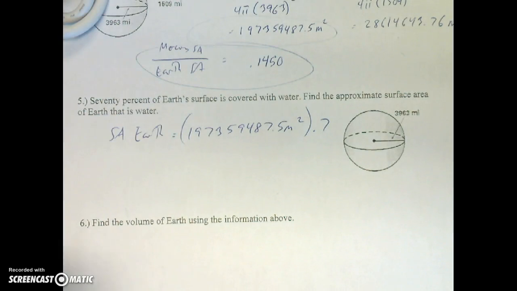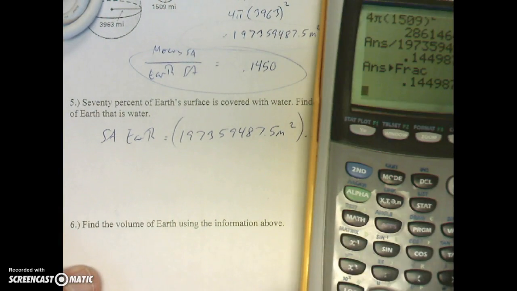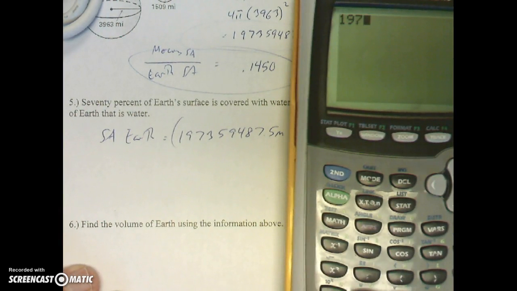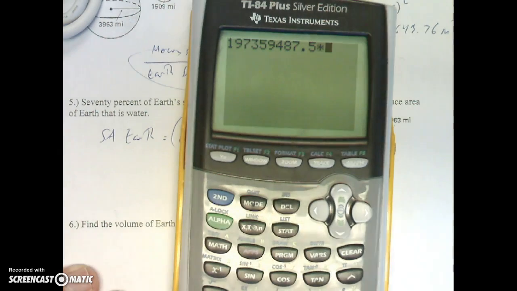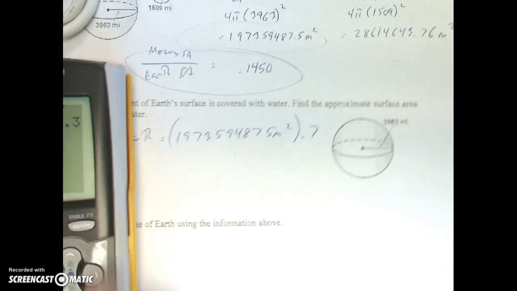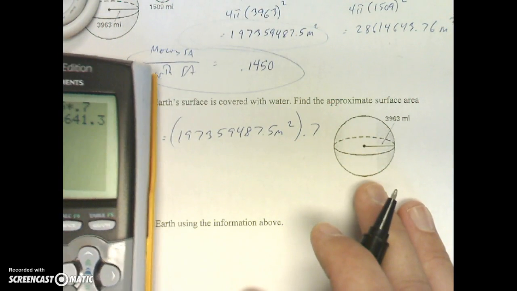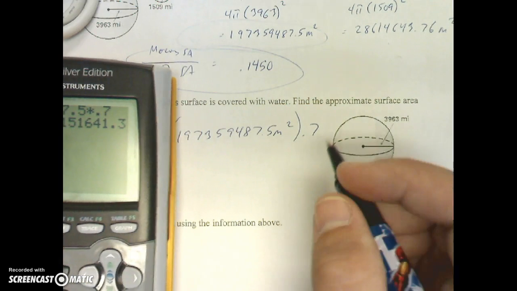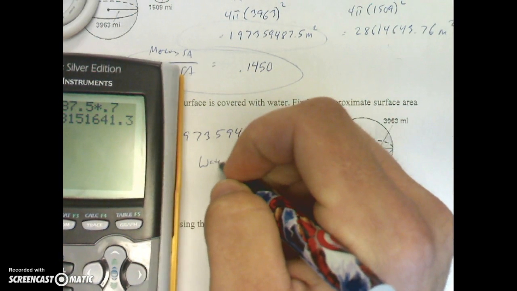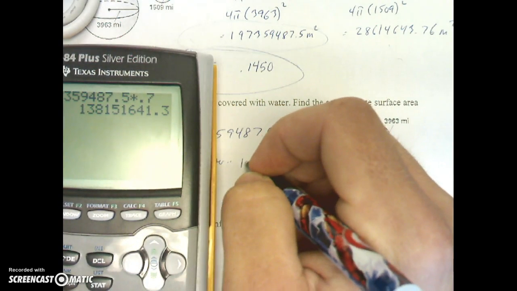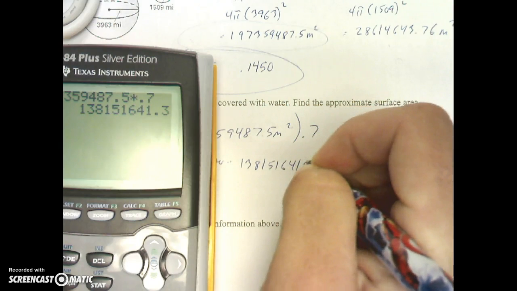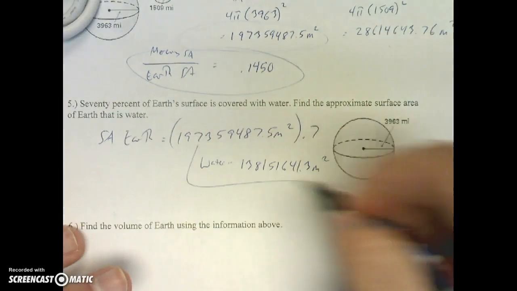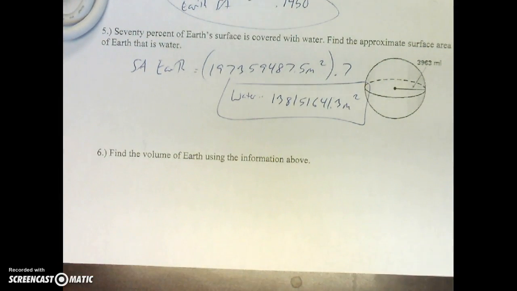I'm going to clear this out, type in 197,359,487.5, and multiply it by 0.7. The surface area of water would be 138,151,641.3 miles squared. Okay? Awesome.